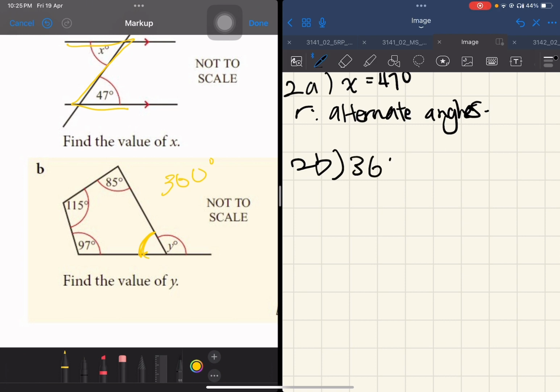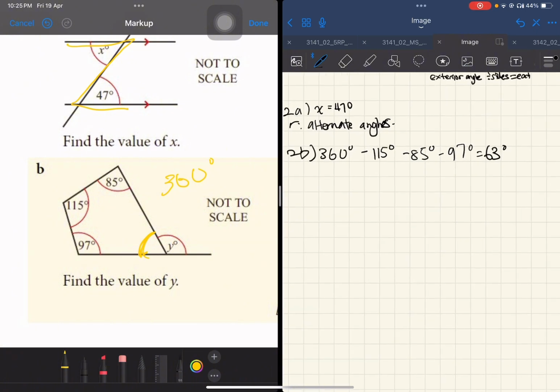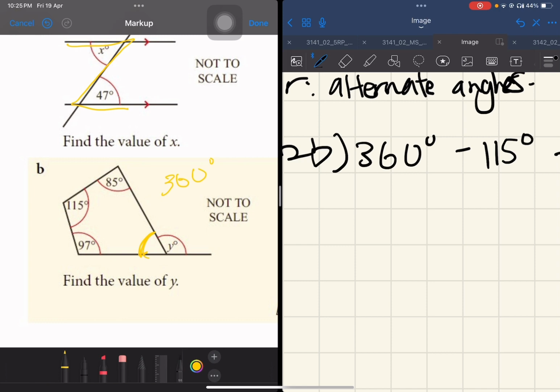We're going to use 360 degrees minus 150 minus 85 degrees minus 97 degrees, and we're going to get 63 degrees. And then, as you can see here, this is a straight line, and a straight line equals 180. Since you want to find y, you're going to use 180 minus 63 degrees, and you get 117 degrees.